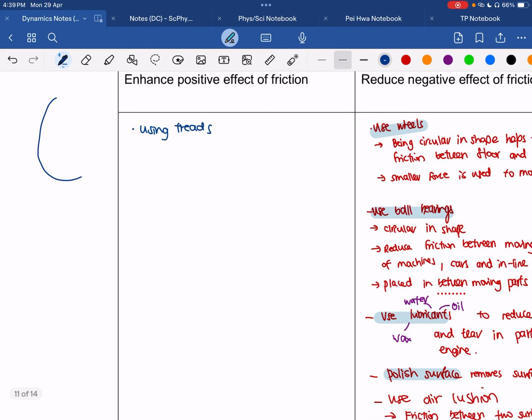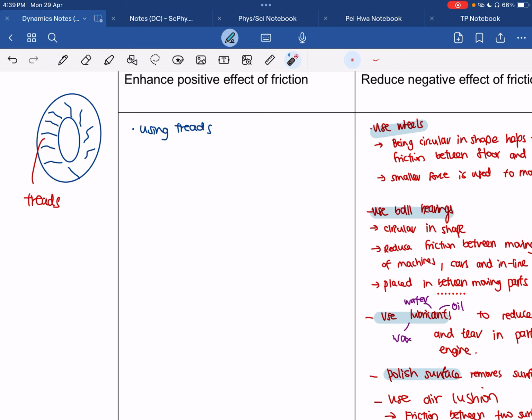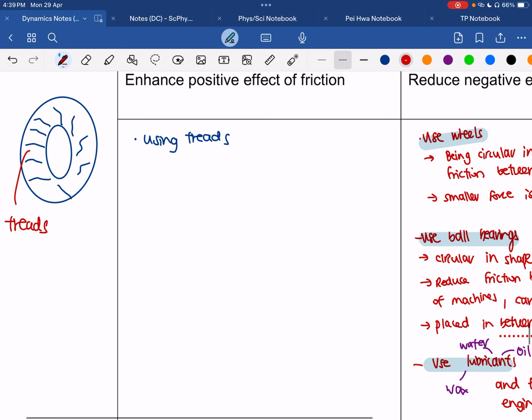If you look at the tire from the side view, you'll realize that there are layers of lines along the tire. These are called the treads. As the tires spin, it will be able to grip onto the road better, as it helps to also eject out the water as the tire is rolling on the wet floor, for example. Okay, gripping onto the road.